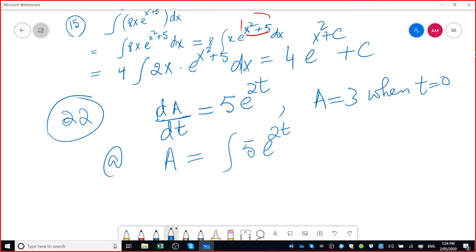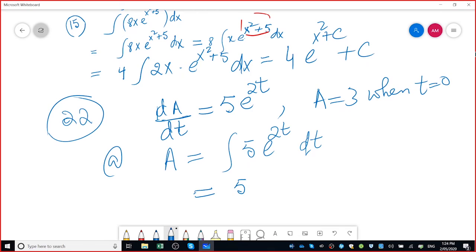You have 5e raised to the power 2t, and you have to integrate.